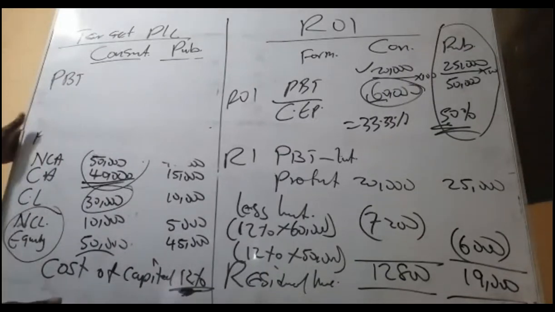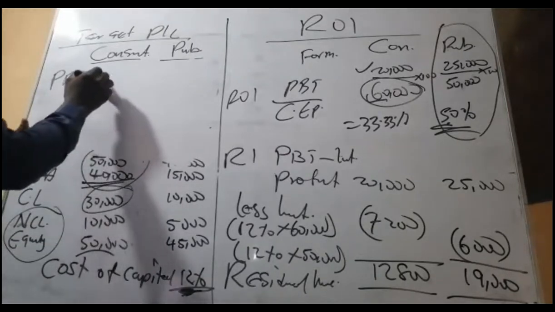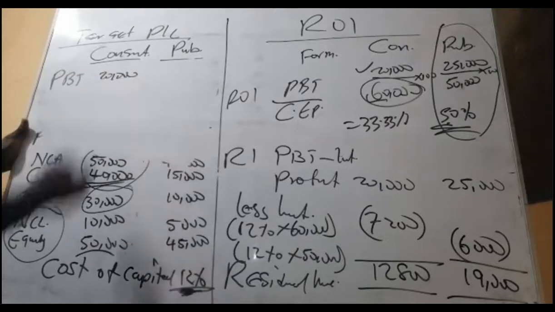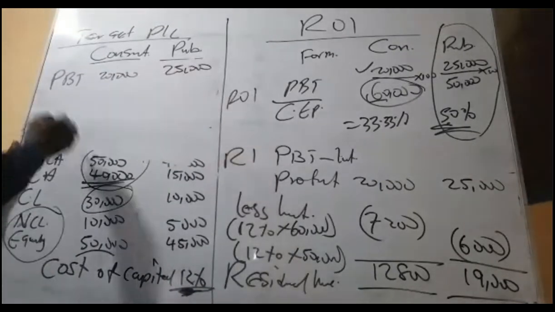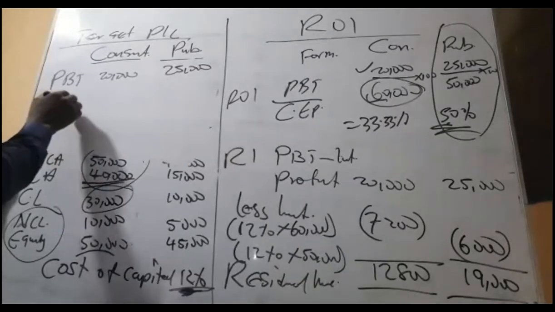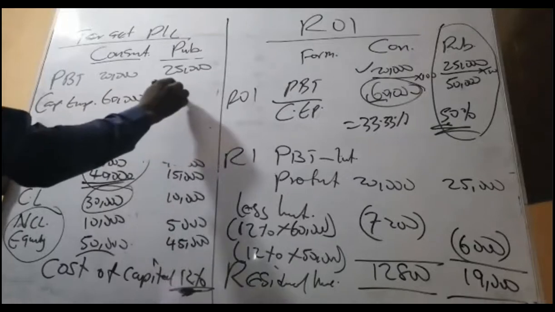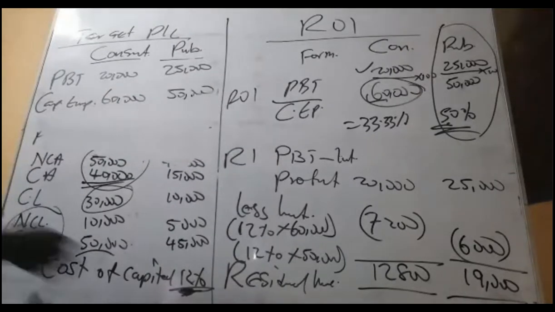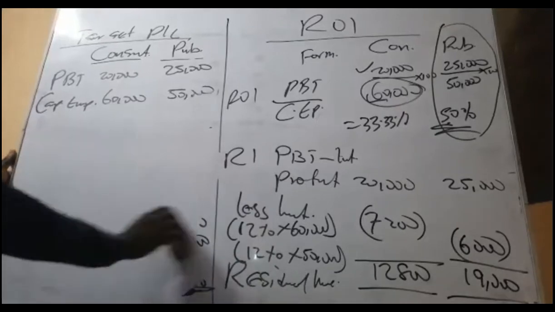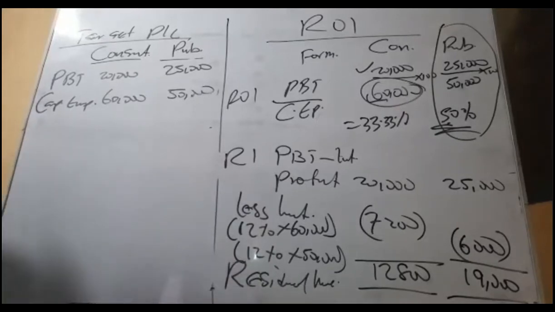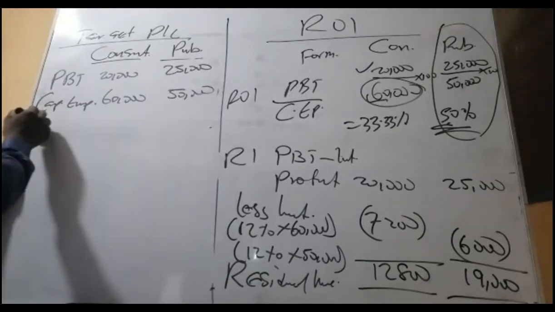Now the consult one is what? 20,000, and then here is 25,000. Good. The capital employed here was 60,000 and 50,000. That's all. All these are clean. Yes, the cost of capital is still 12%. The cost of capital is still 12%. These are the footnotes.